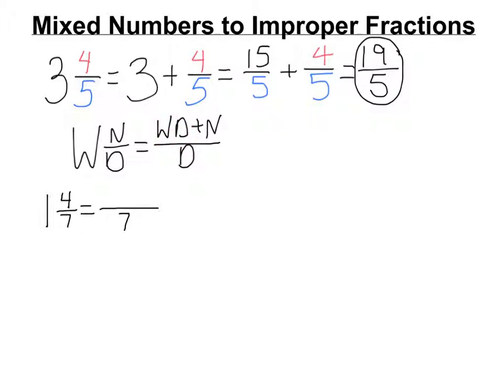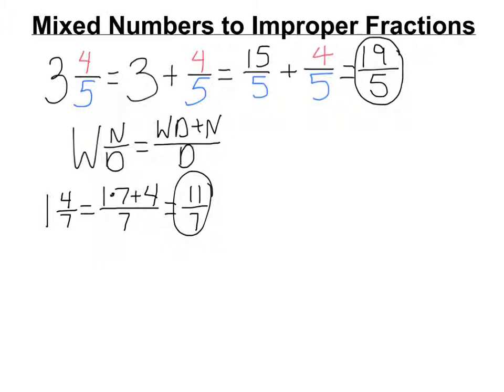So the whole number here is 1 times the denominator 7, plus whatever the numerator was. Well, the numerator was 4. Multiply that together and then add. 1 times 7 is 7, plus 4 is 11. So 1 and 4/7 is 11/7.